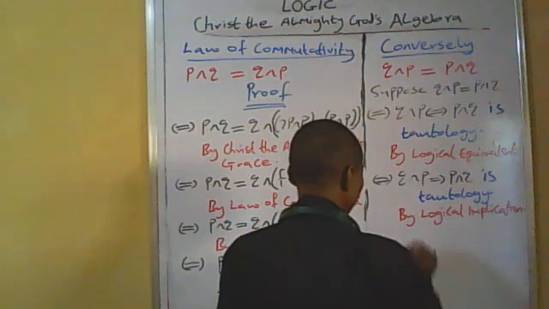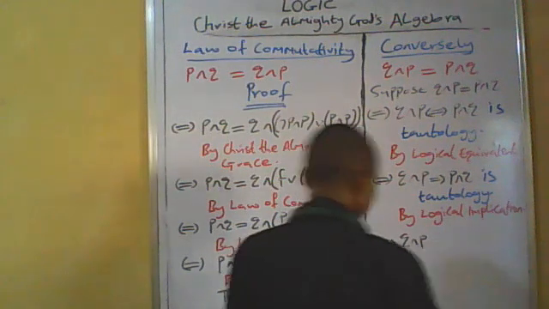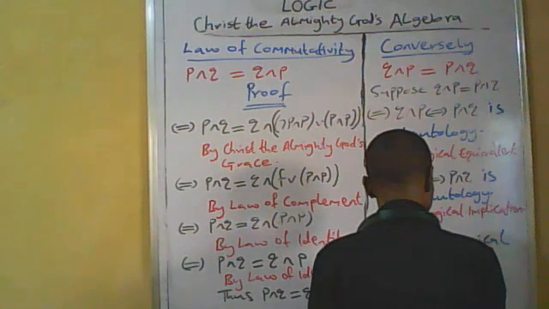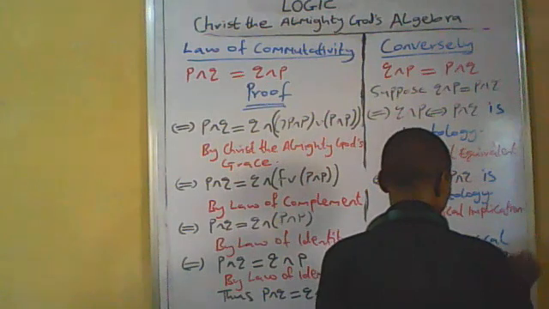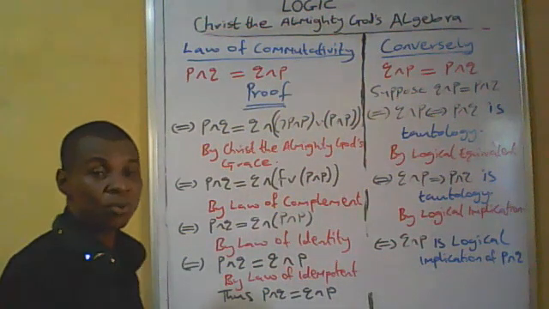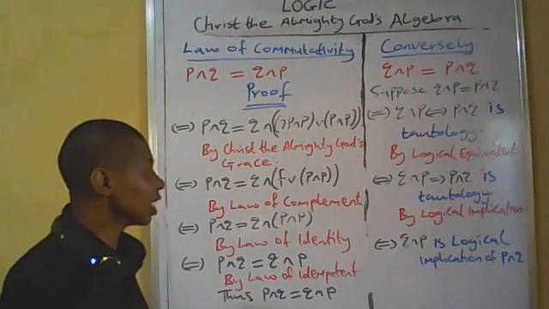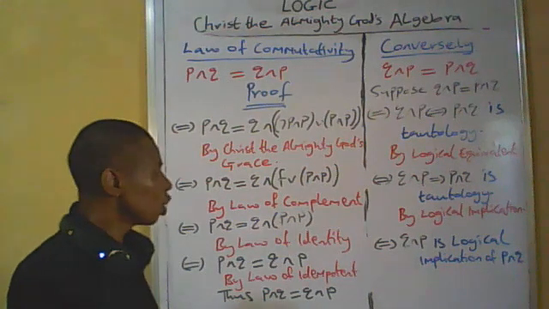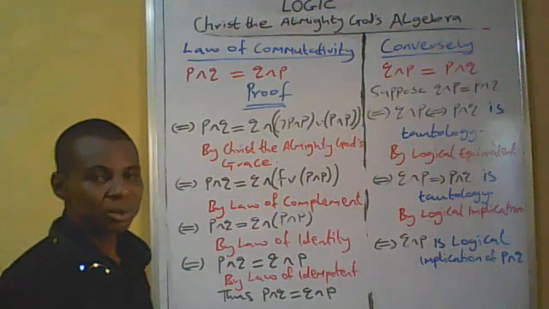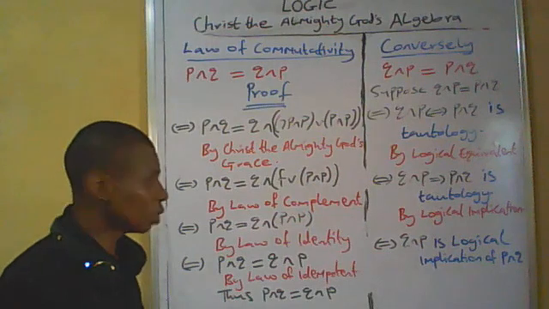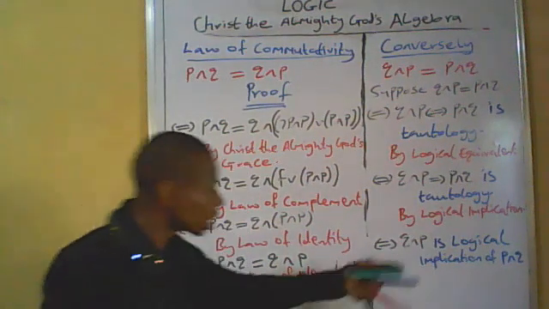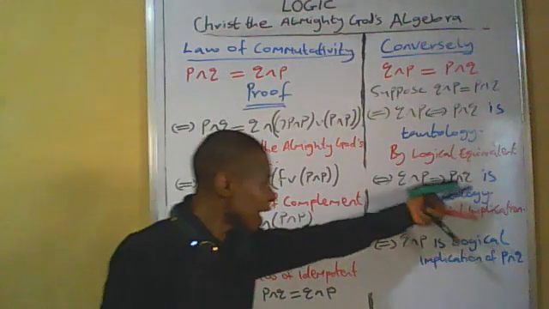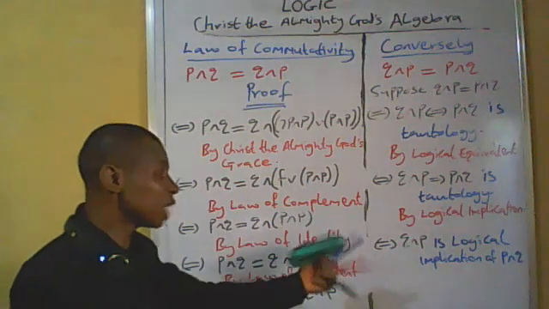Say if and only if Q and P is logical implication of P and Q. So by the principle of logical implication, I say that Q and P implies P and Q is tautology if and only if Q and P is logical implication of P and Q. So we infer that Q and P is logical implication of P and Q, because this Q and P is a proper implication of P and Q, that means the consequent. So we say that it is true that P and Q exist.